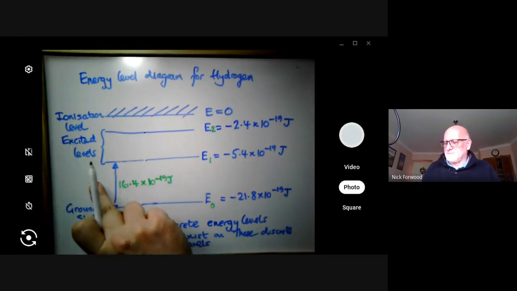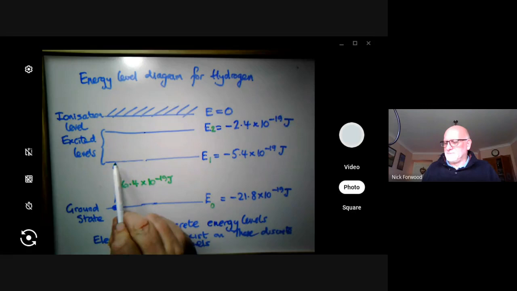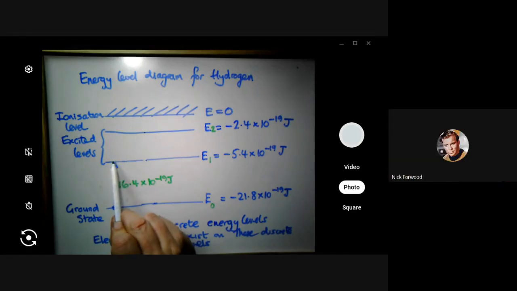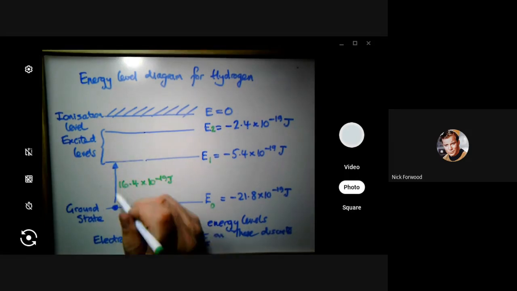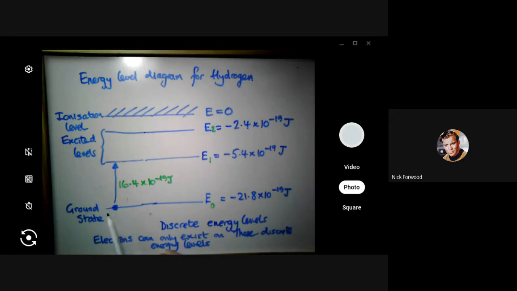Okay. Now, once it's there, what could the electron do? Well, if it hangs around long enough, it might just fall back down again, in which case it would give out, it would emit. It's already absorbed some energy to get up. It can emit the energy, and if it falls back down, it will emit a photon of light with exactly that amount of energy as it falls back down.